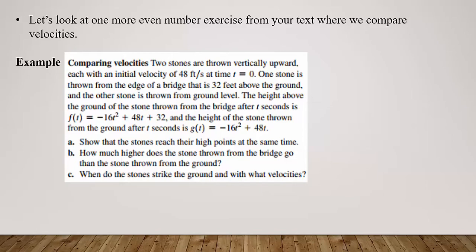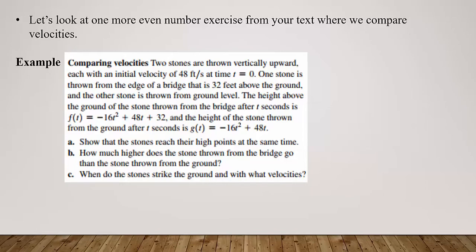Now, the height above the ground of the stone that's thrown from the bridge after t seconds is given by f of t equals negative 16t squared plus 48t plus 32, whereas the height of the stone thrown from the ground after t seconds is given by g of t equals negative 16t squared plus 48t. In part A, we are going to show that the stones reach their high points at the same time.